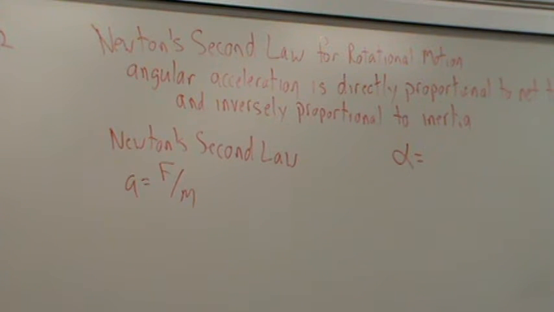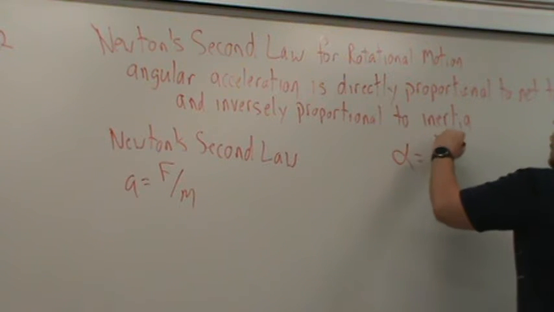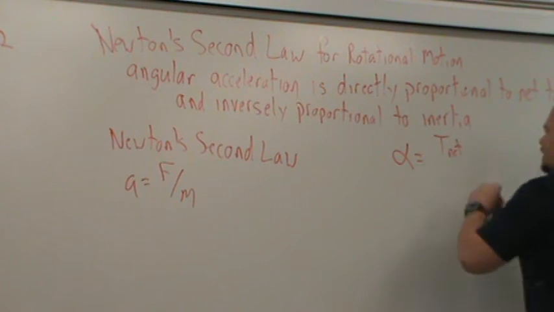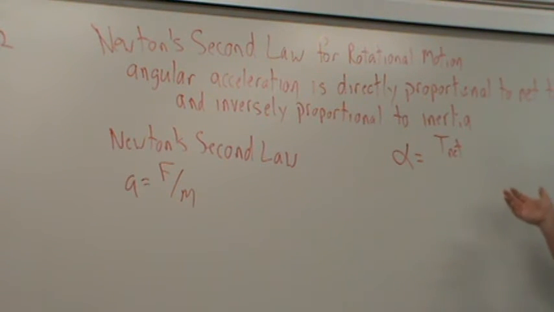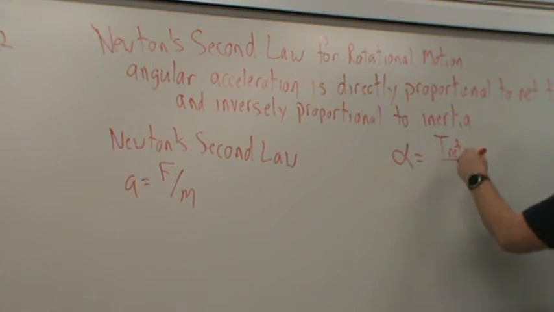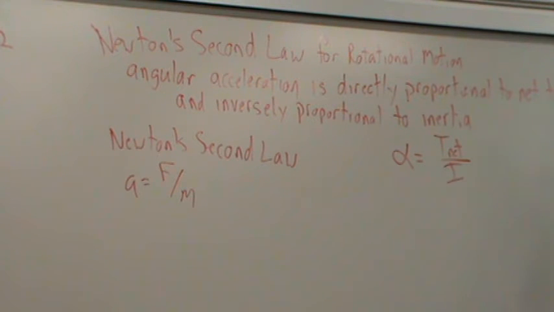If it's directly proportional, if one goes up, the other goes up, so they are equal to one another. Net torque, I can't do the Greek tau, so it just looks like a regular T, and is inversely proportional to the inertia. If something is inversely proportional, one goes up, the other goes down. Formula-wise, 1 over I, so net torque over inertia.